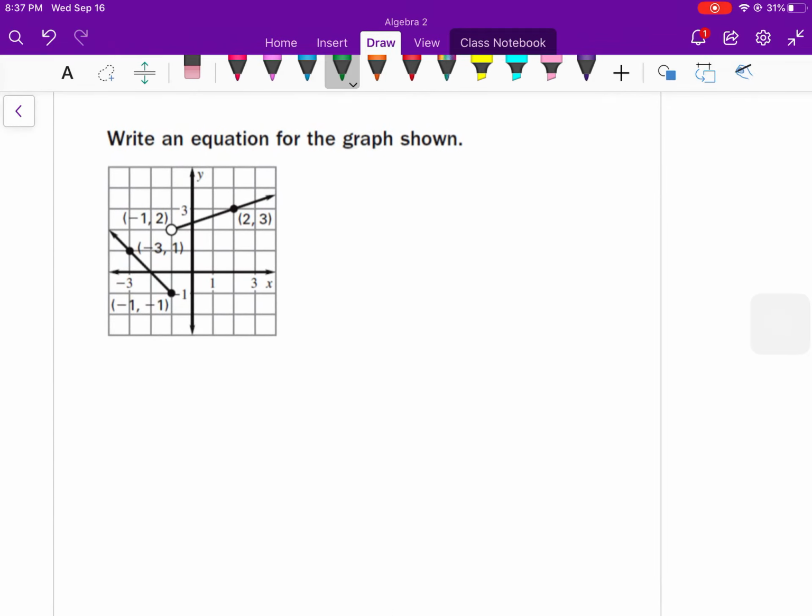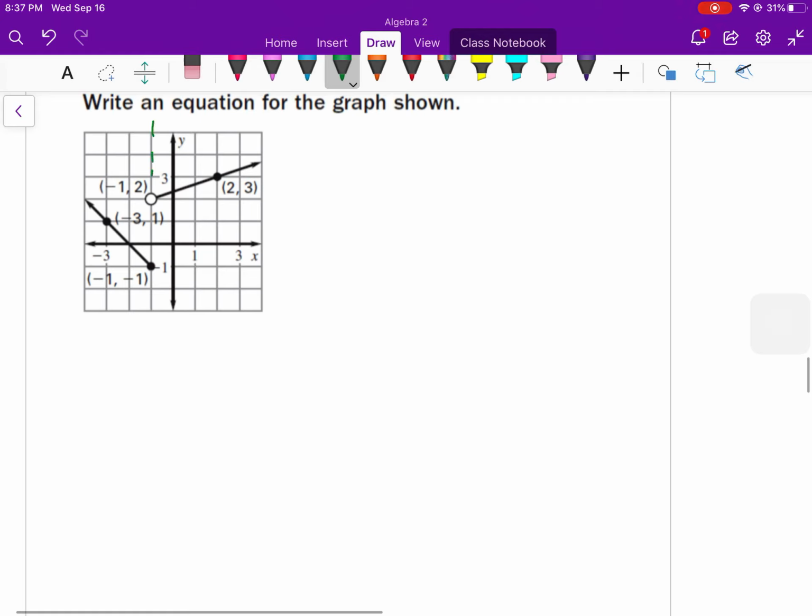And the last thing we did in Unit 1 was write equations for piecewise functions. And so we have two lines here. They are defined by the domain, either to the one with the open circle that goes to the right.